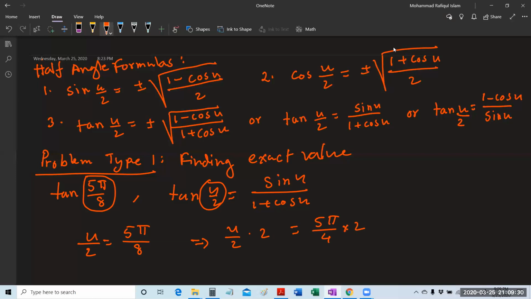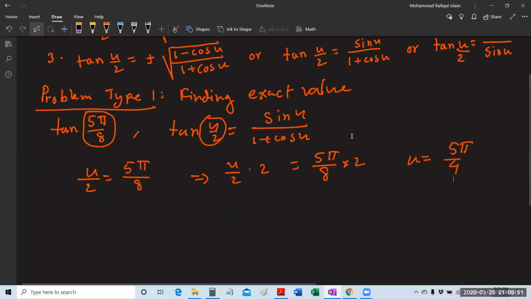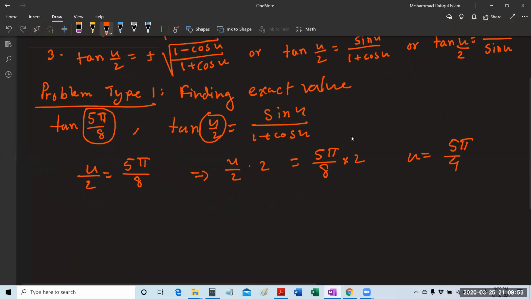I made a typing mistake here, it's 8. We get u equals 5 pi over 4. So 5 pi over 4 is in quadrant 3.